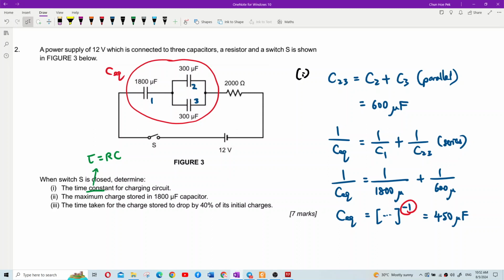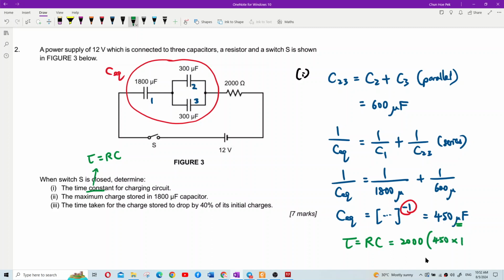Okay, I got the C total already. So can I find my time constant now? So easy. What's so difficult about physics? It's only difficult for students who are not really focused. So resistance is 2000 ohm multiplied by, remember, this is micro, so you have to change.